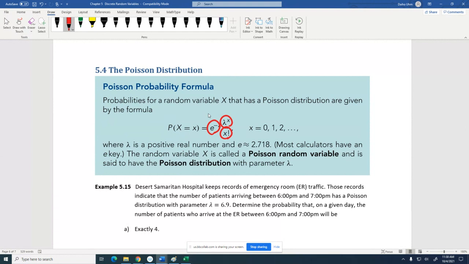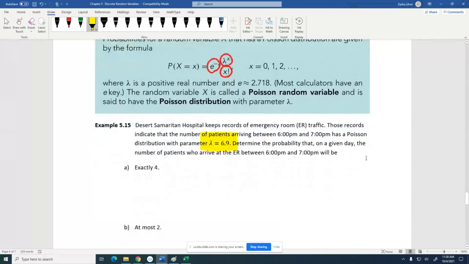So now, at least we need the lambda, the average, to get the probability. Now here, we need the probability of exactly x equal 4. Simply I apply the probability function up there.